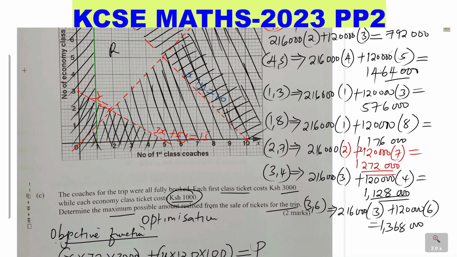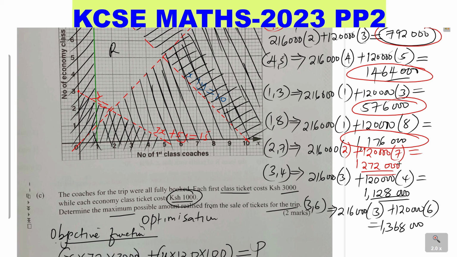We need now to consider: for the first one, we got 792, we have 576, we have 1,176, we have these, we have these. So for all these amounts, we require to get the one that will give the maximum possible amount. So which one is giving the biggest or the highest amount?